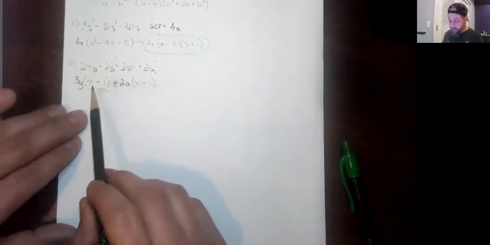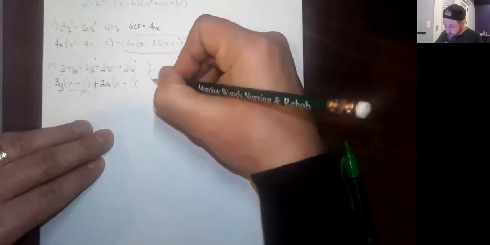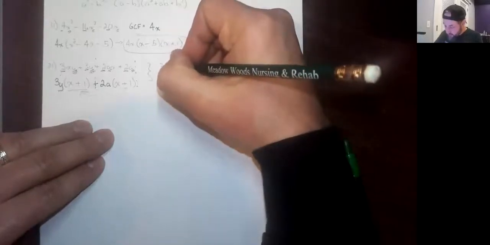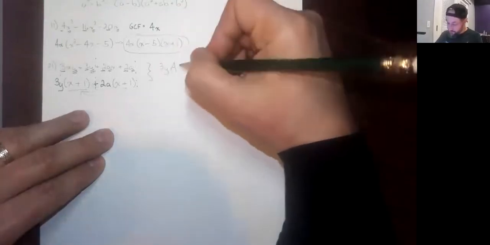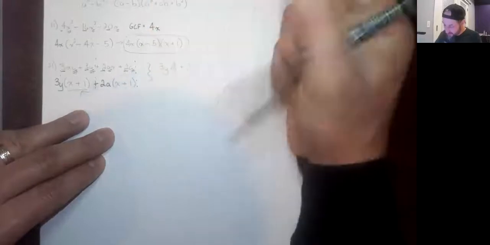So what we have here is, let me put this over here. If we had 3y times a, and we were adding 2a times, I should have chosen b. I'm going to change it to b.